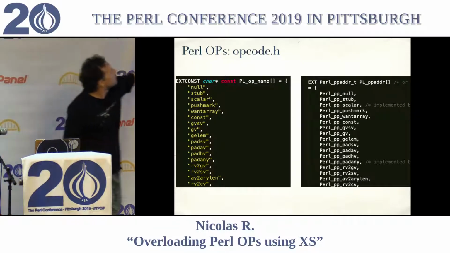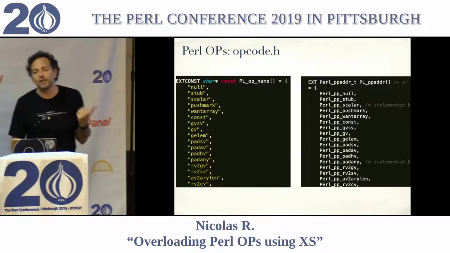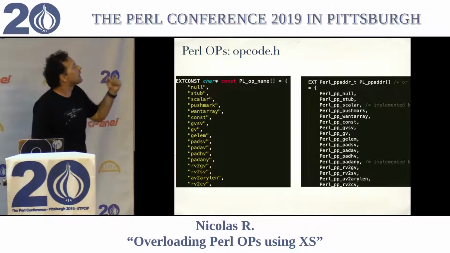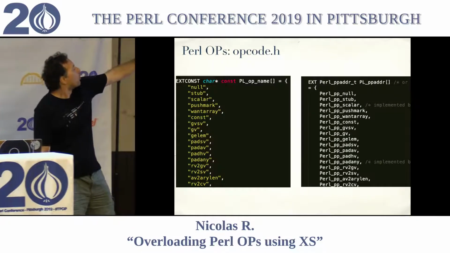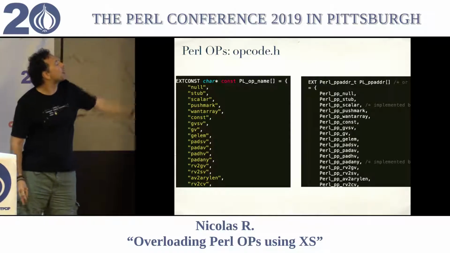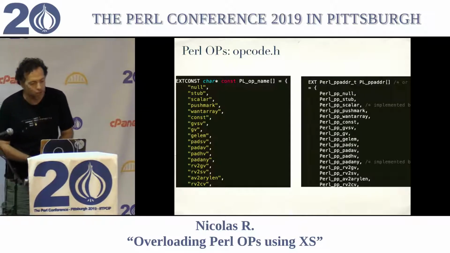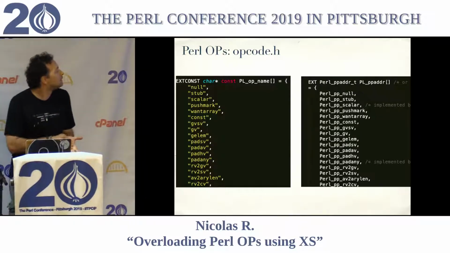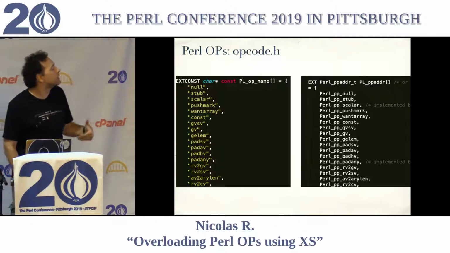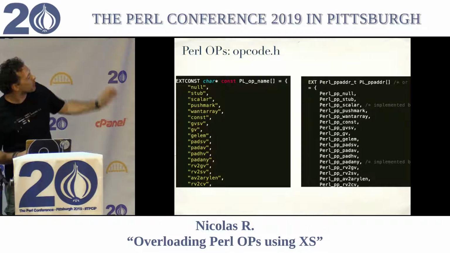So you can see all the names of the ops there, and you will also discover that there is another list named PL_ppaddr that also contains, in fact, a pointer to a function, something named Perl_pp_ followed by the name of the op. Okay, so what is Perl_pp_gelem? This is the op function that's going to be executed when you are going to run that op.